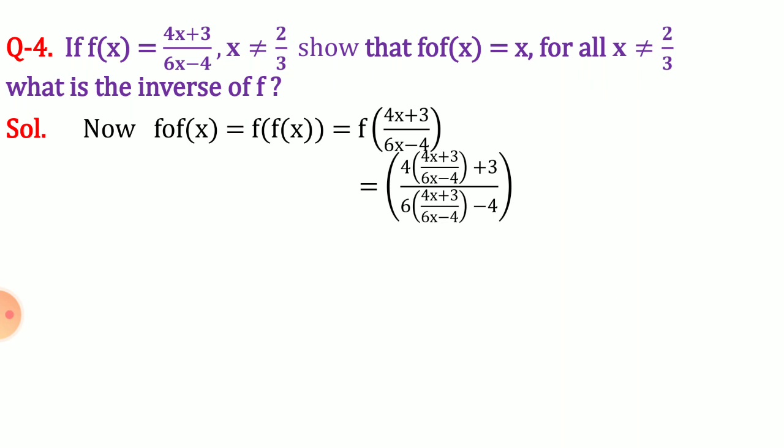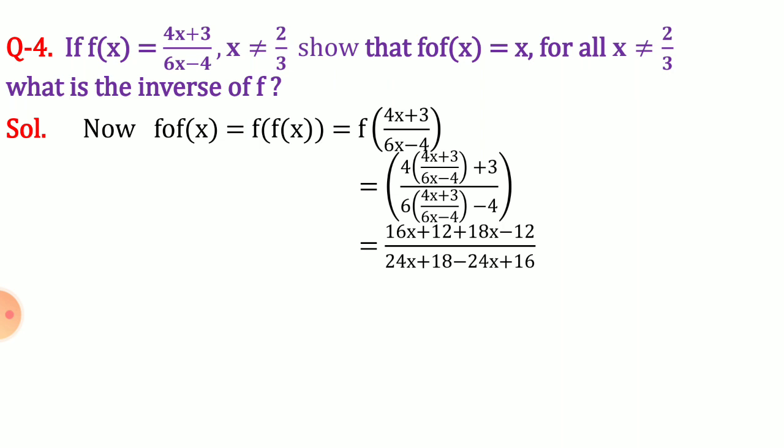Taking the LCM on both sides: 4 into 4 is 16x, so 16x plus 12, and 6 times 3 is 18x, 3 times 4 is 12.